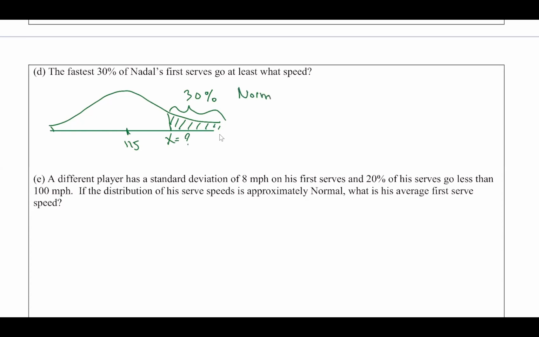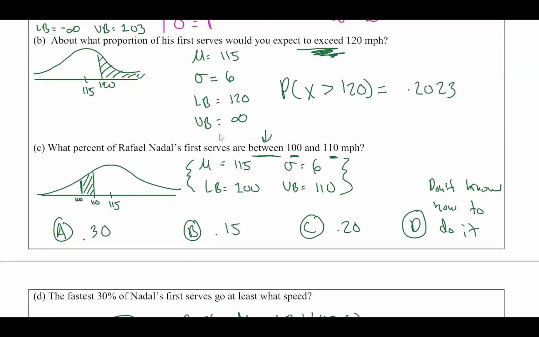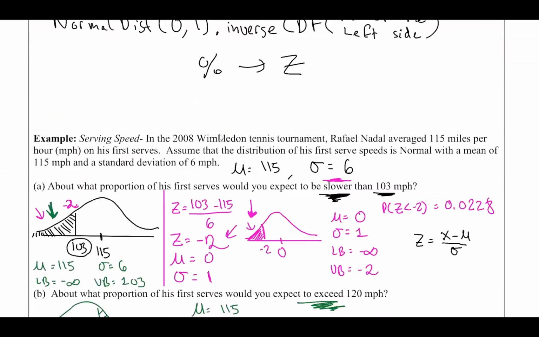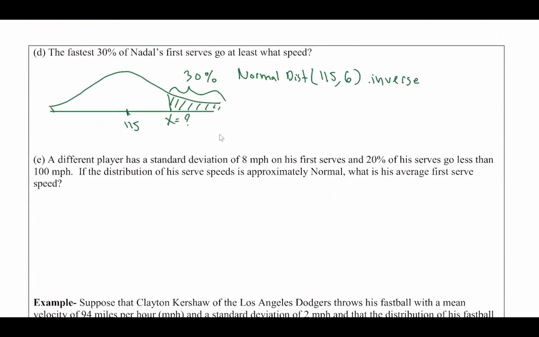We're saying normal distribution, and you put mean is 115, standard deviation is 6. But then we're going to do inverse CDF.